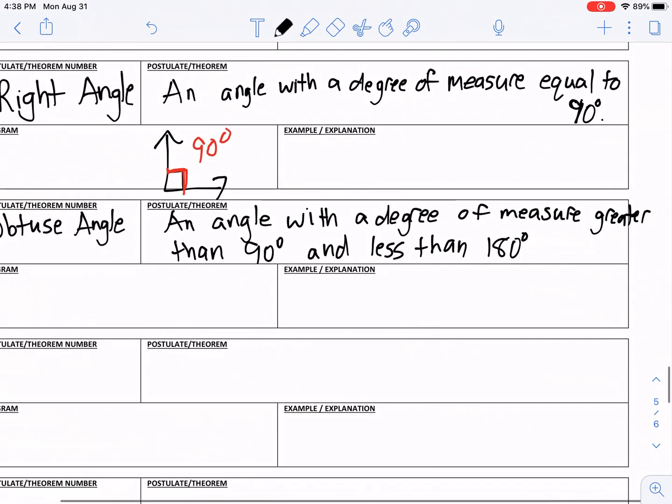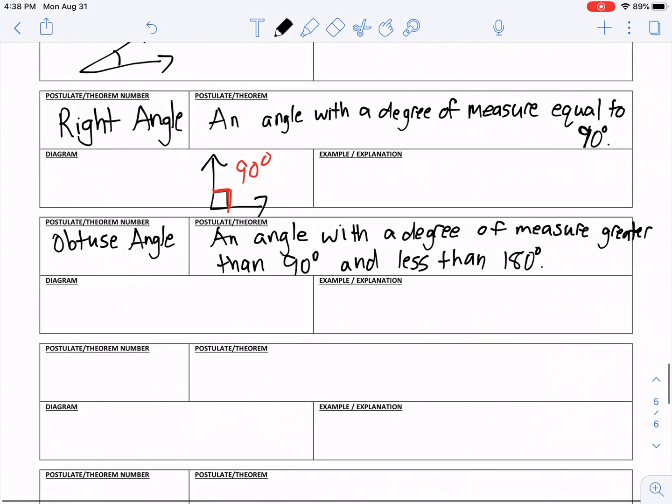Okay, so an obtuse angle is bigger than a right angle, but it's still less than 180 degrees. And there's a special case for 180 that we'll see later, but it might look something like this.